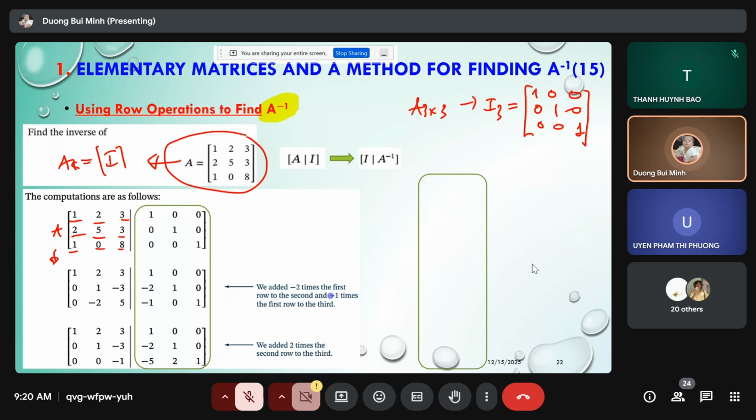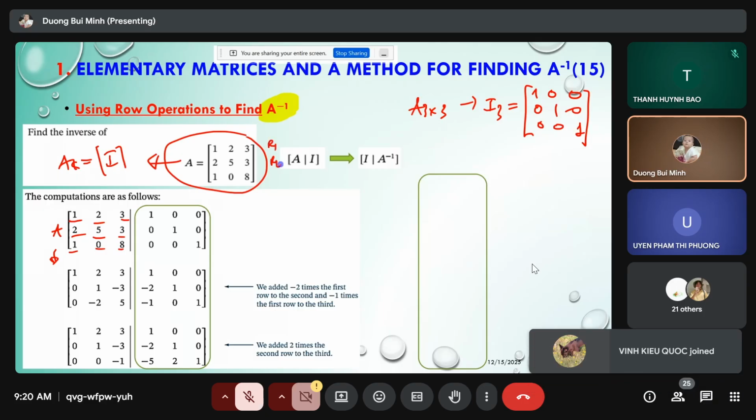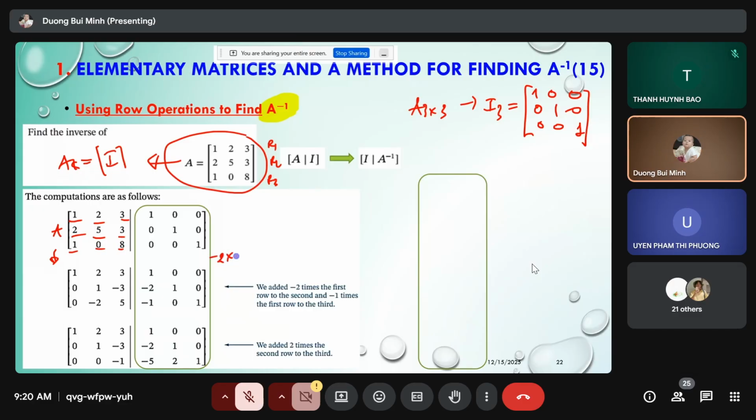Minus 2 times R1 gives minus 2, minus 4, minus 6, so the second row becomes 0, 1, minus 3.